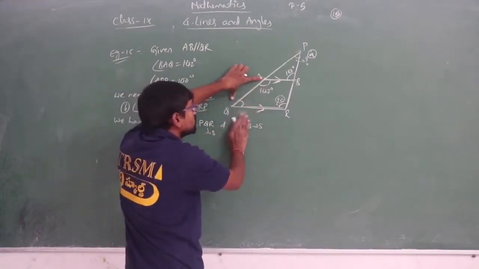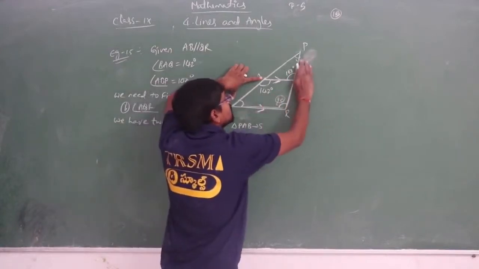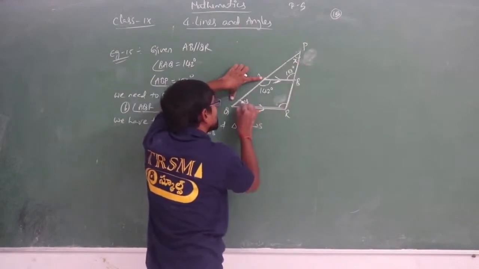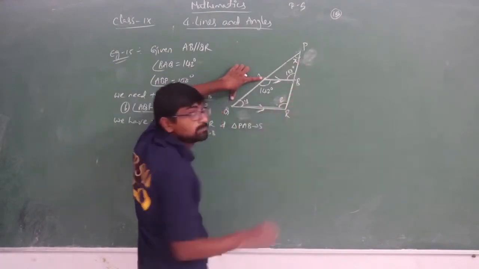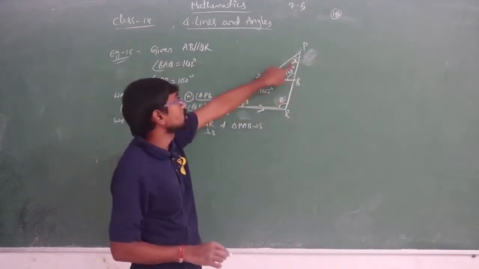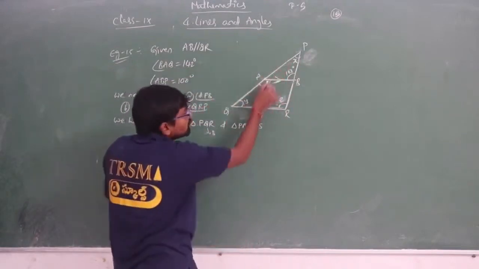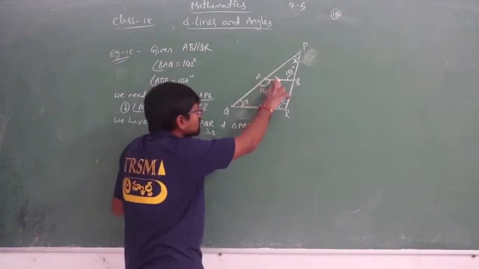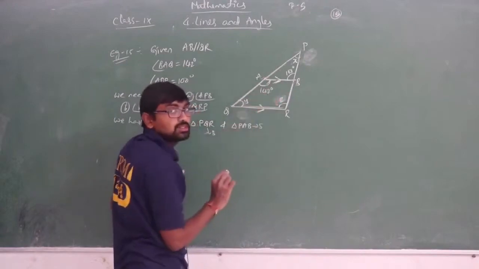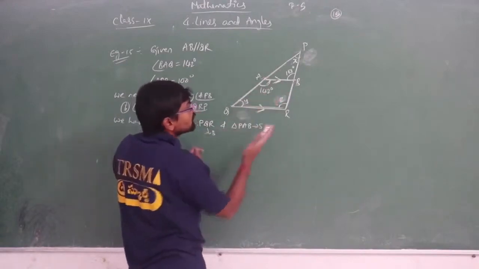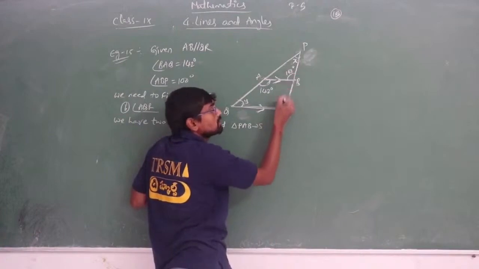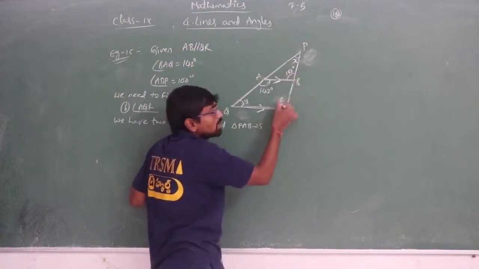I am taking these angles as X, Y and Z: this is X, this is Y, and this is Z. If I take this as a transversal to these parallel lines, can I get the value of Y? Yes, absolutely. This is 100, then this is also 100, corresponding angles.